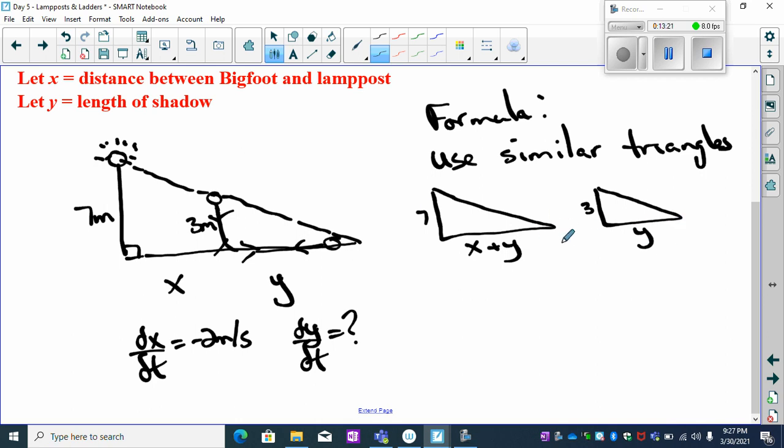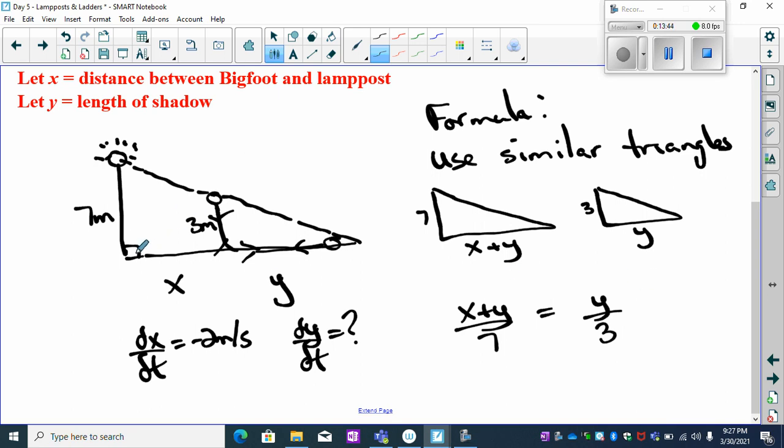Now you can set this proportion up any way you like. I typically like to go with x plus y over 7, the base and the height of the large triangle, equal to y over 3, the base and height of the small triangle.